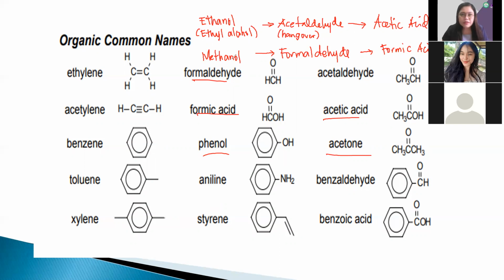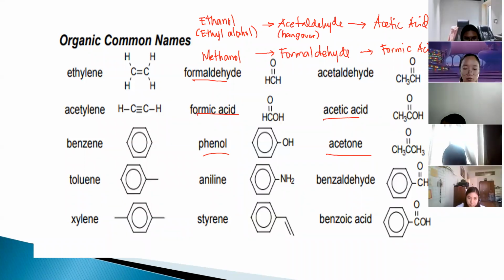Let us continue. Next, we have benzaldehyde and benzoic acid, which are most of the time used as preservatives in food or in our pharmaceutical products, these drugs. They are used to preserve and to avoid microbial contamination.